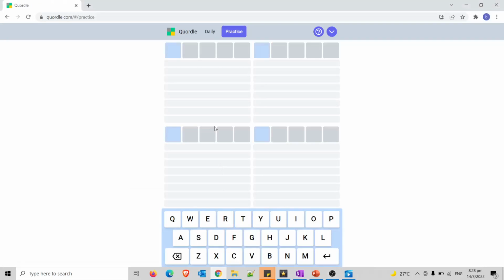So let's solve one more Codal puzzle with our technique. I start with a byte and I go with types. Okay, then go with from. Okay, so let's go with mulch also.